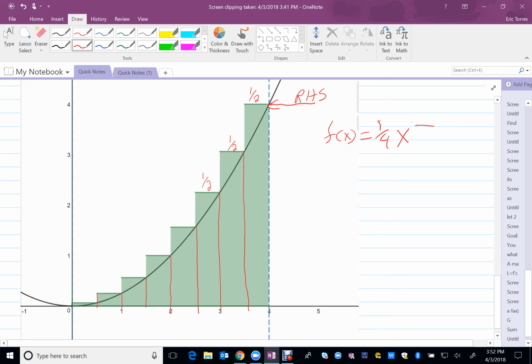I'm not going to go through the process just yet because I'm just giving you the big idea right now. But the big idea here is more rectangles, more accurate. So ultimately, what we would like to do is see how many rectangles is practical. That's one technique.